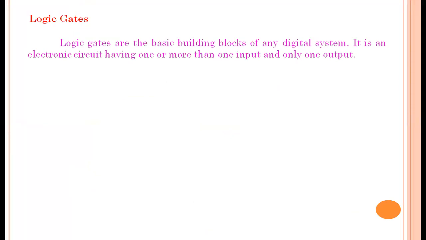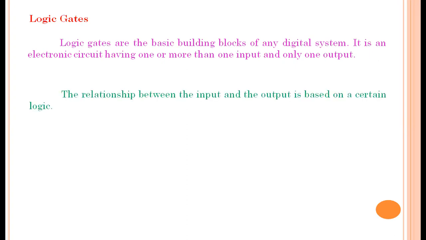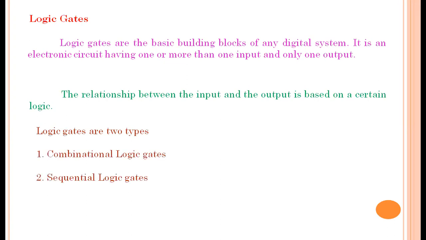Logic gates are electronic building blocks. A logic gate is an electronic circuit that contains one or two or more inputs and only one output. These logic gates have a relation between input and output, and they are of two types. One is combinational logic gates and the second is sequential logic gates.